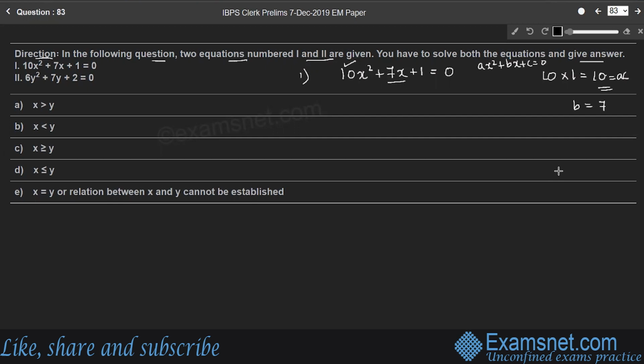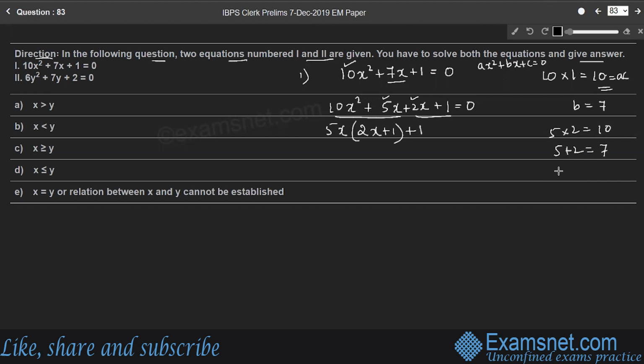Right? So, 10x square, 7x can be written as 5x plus 2x. So that the product of the coefficients, 5 into 2 becomes 10. And 5 plus 2 becomes 7. Right? Plus 1 is equal to 0. So, first two terms, 5x is common. 2x plus 1 is the remaining term.